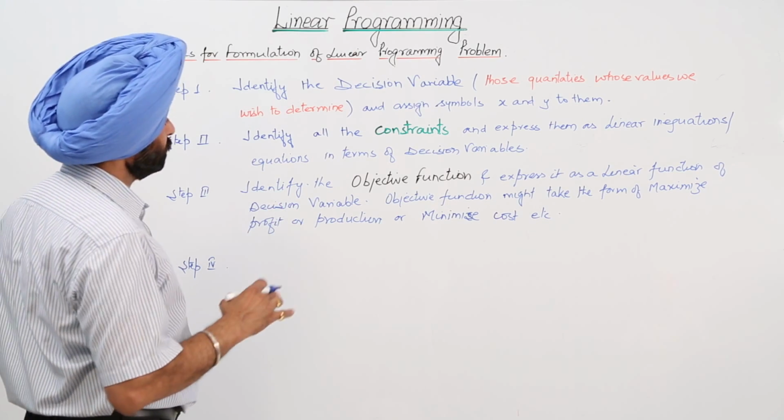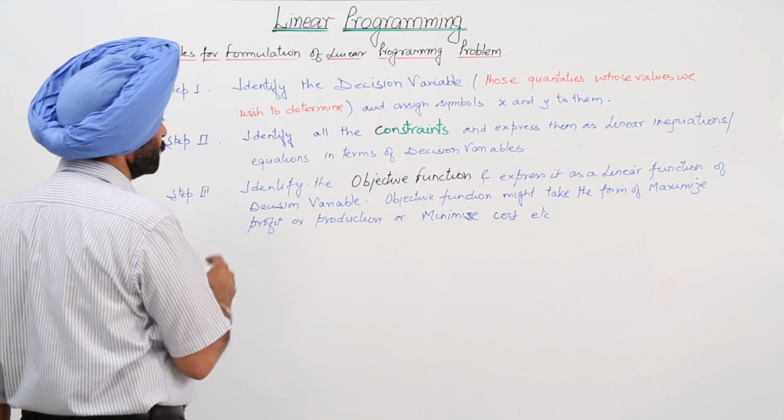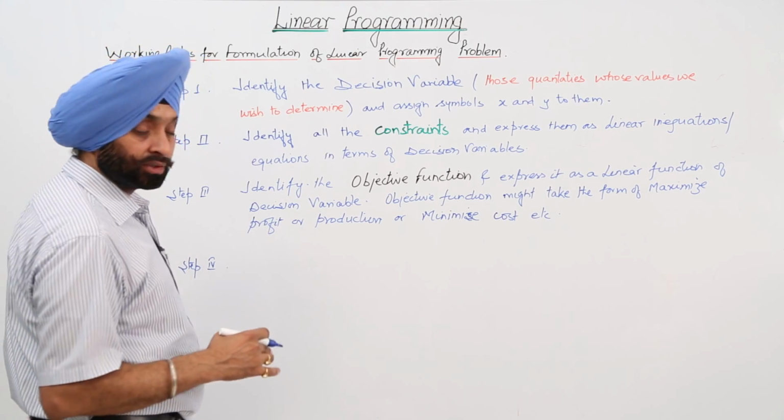We have found the objective function, we have found the constraints, and at the beginning we found the decision variables.